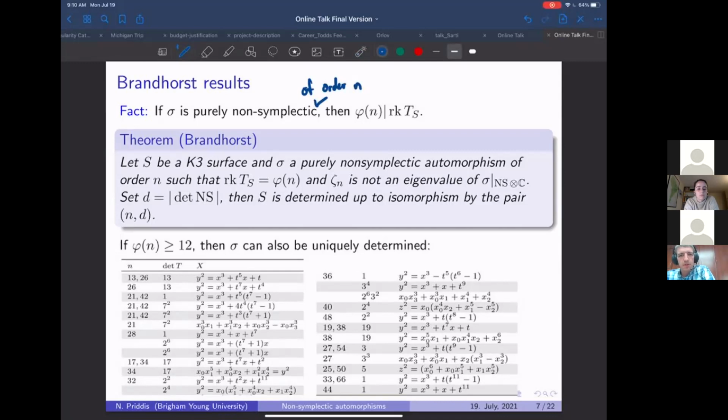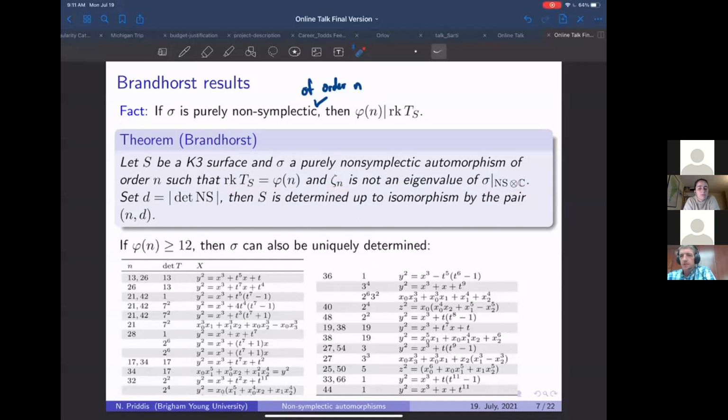And with this theorem by Simon Brandhorst, we're going to ask, what if the rank is exactly phi of n? The theorem says if S is a K3 surface, and sigma is purely non-symplectic of order n, and if we require that the rank of the transcendental lattice is phi of n, and this primitive nth root of unity is not an eigenvalue of sigma on the Néron-Severi group.